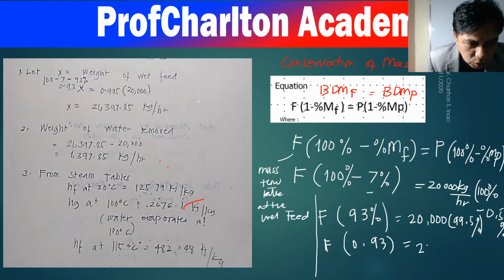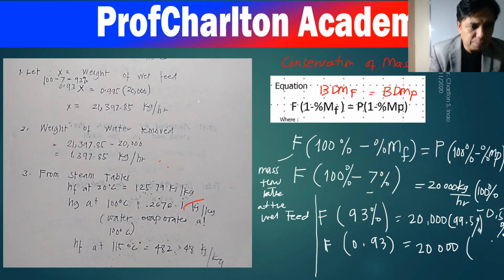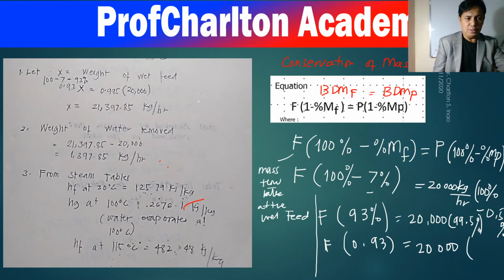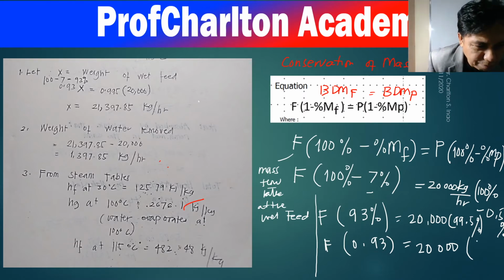equals 20,000. Then, of course, 100 minus 0.5 is 99.5 divided by 100, it is 0.995.